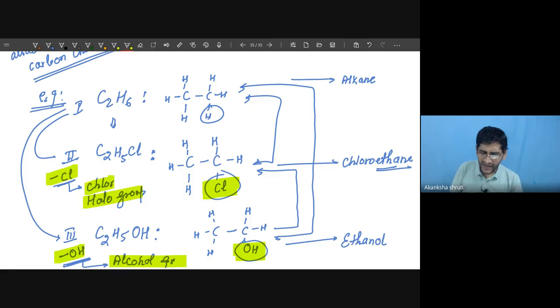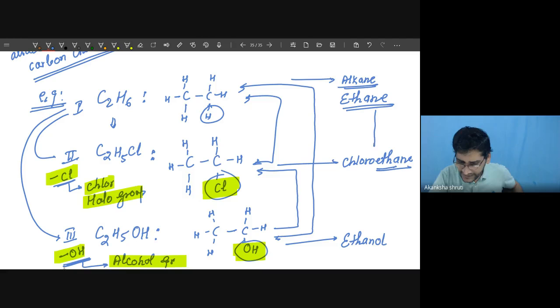This C2H5, which was an alkane, may be methane, ethane, propane, butane. So the name for this alkane is ethane. Here we are observing this ethane gets converted into chloroethane if one of the hydrogens is replaced by a chlorine group, meaning Cl.